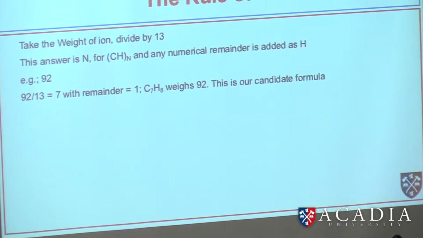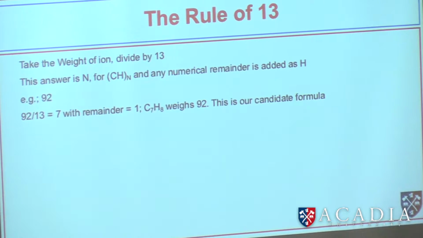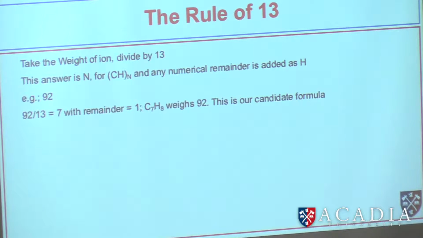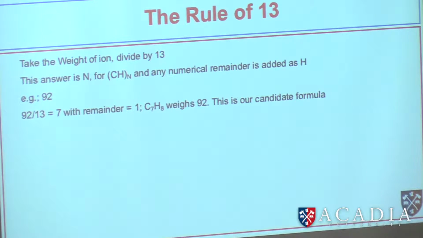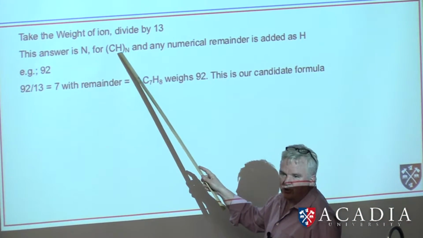How many people remember what a remainder is? It's actually surprising. Some people don't remember what a remainder is. Remainder is that bit of number that's smaller than 13 when we divide 92 by 13. In this case, it's 1. The reason we use 13 is because that's the mass for a CH unit.